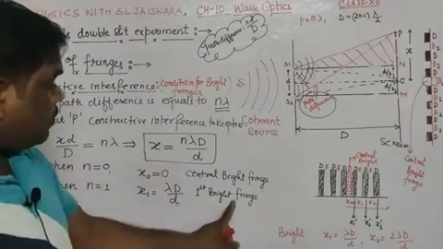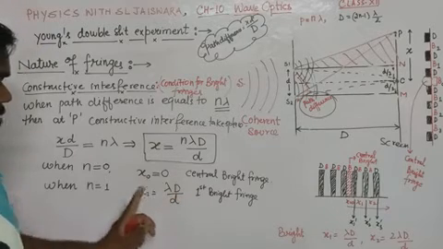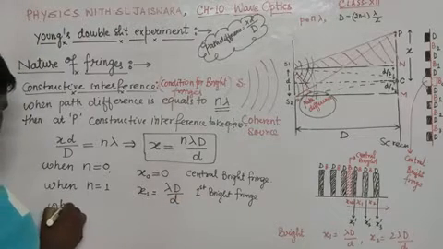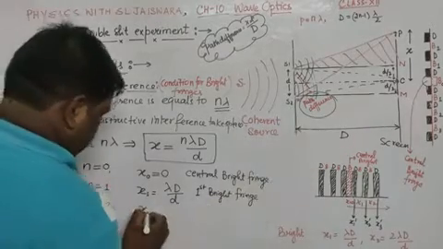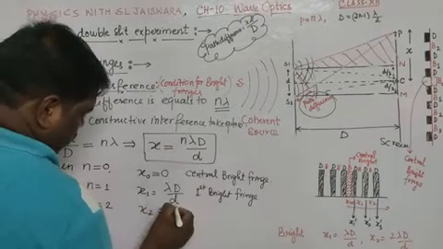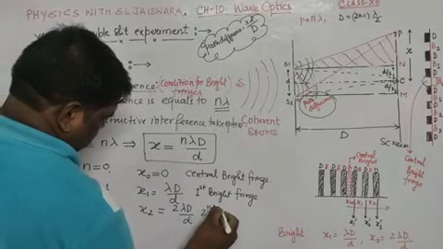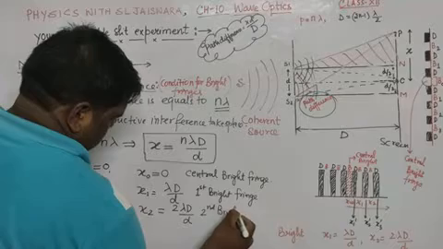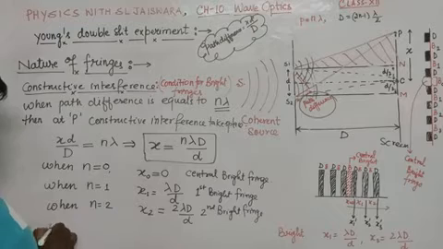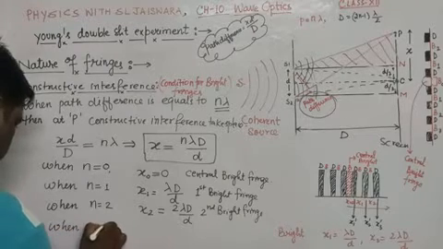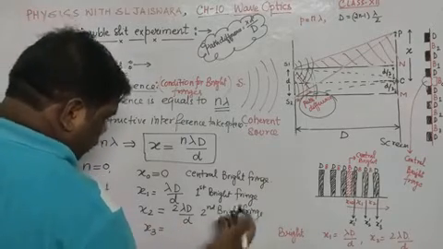What is the position of the first bright fringe on the screen? Lambda capital D upon small d. Similarly, when n is equal to 2, we get the second bright fringe, that is 2 lambda capital D upon small d. And when n is equal to 3, x3 gives the position of the third bright fringe.